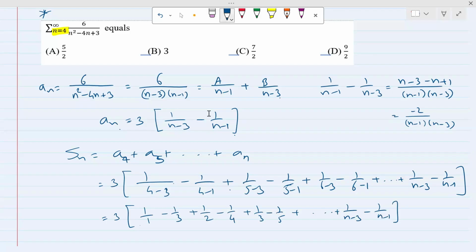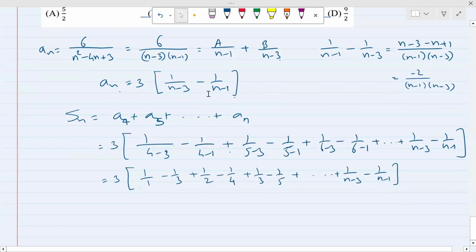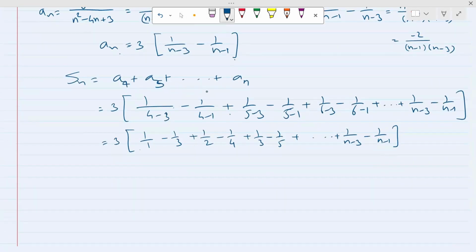So which terms are getting cancelled and which terms are getting survived? I think minus 1 by 3 plus 1 by 3 get cancelled. So what survives? This 1 plus 1 by 2 survives.